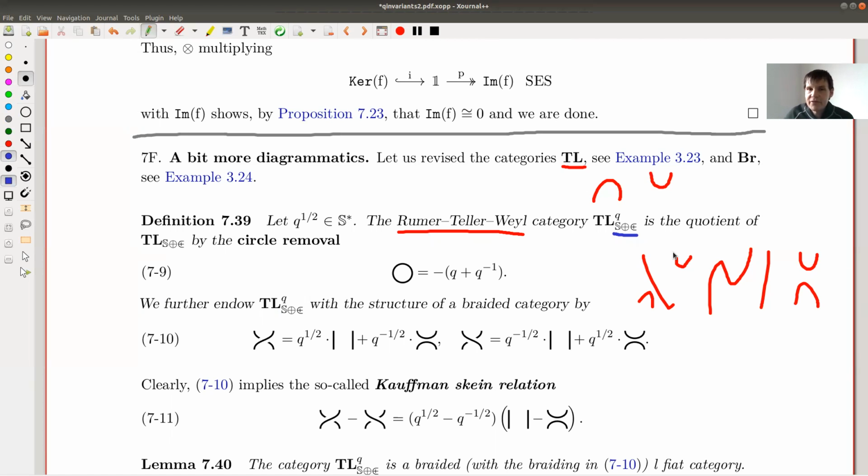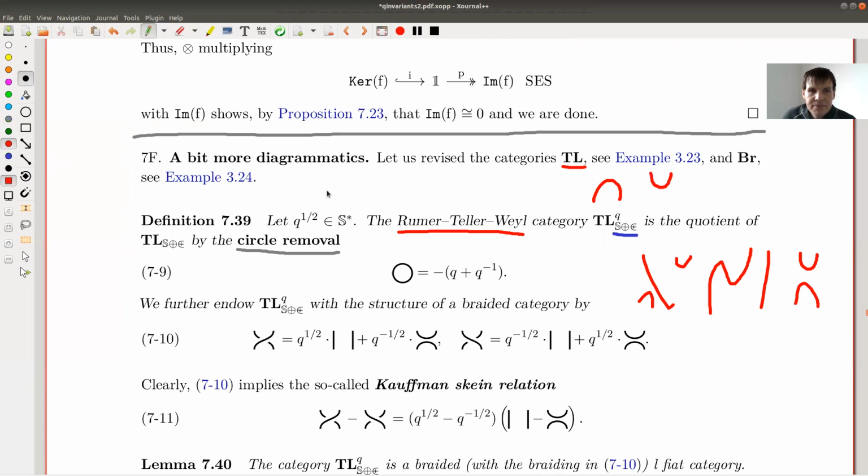So we get this category where you can add diagrams, scale diagrams, and take idempotents. And this Temperley-Lieb is just a huge thing, and you want to make it finite to fit into some of those definitions above. The trick to do it is to use the circle removal.